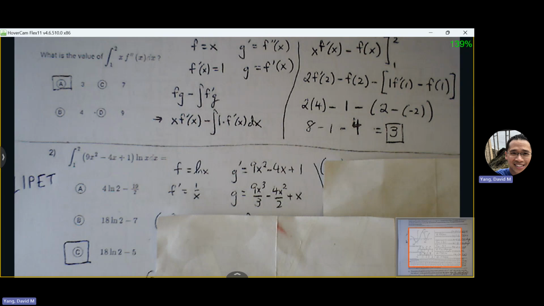And when you step through building out your integration by parts, there's always going to be a completed portion and an incomplete portion. You still have to do a separate integral process even after your fg minus the integral of f prime g.